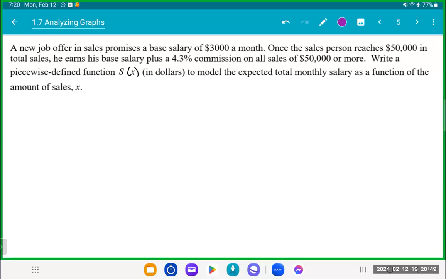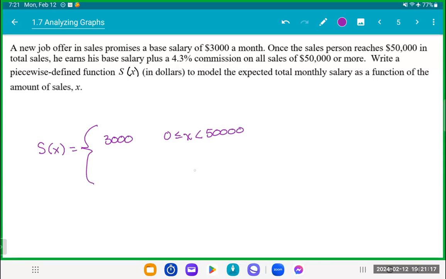So when you're under $50,000 in sales, you only get your salary, okay? So we're looking at some function s of x, our salary, right? And we know that we're going to have two equations. So if I have 0 to $50,000 in sales, then I just get $3,000. Okay.